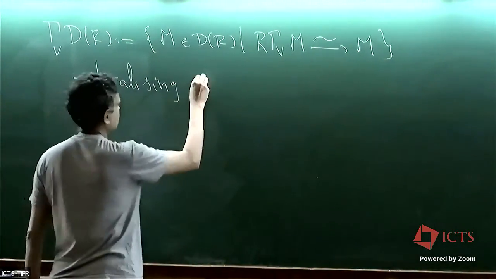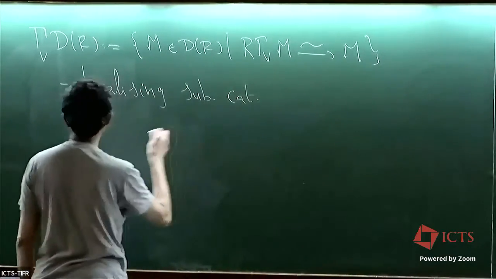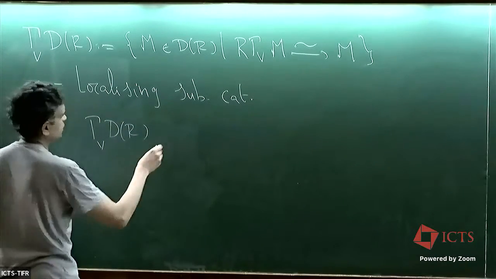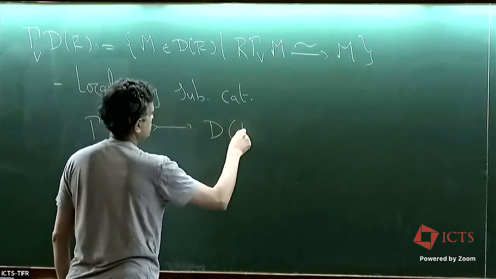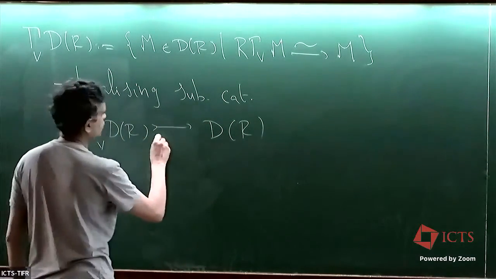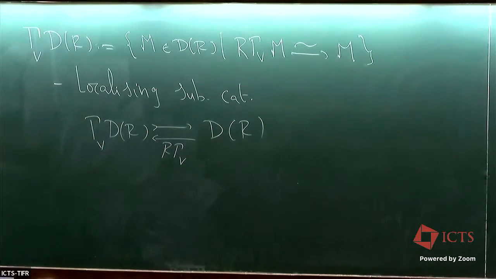That's a localizing subcategory, and this sits inside D(R). And the local cohomology functor is a right adjoint to that inclusion.